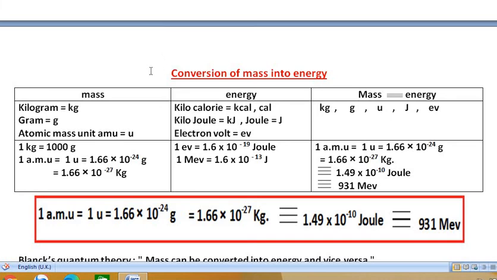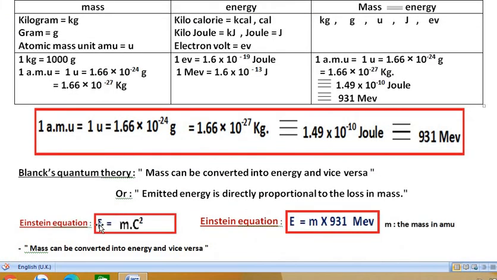Einstein Equation is E equal mc square, where c is the velocity or speed of light, m is the mass in kilogram, and E is the energy in joules.